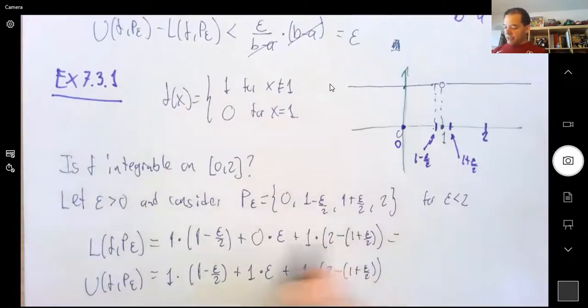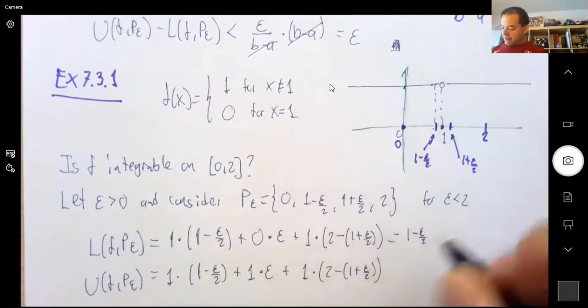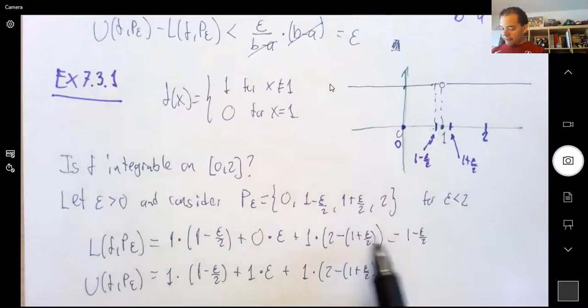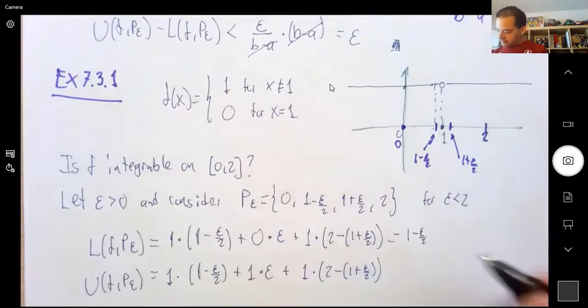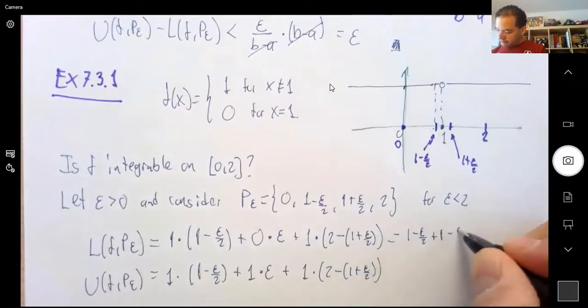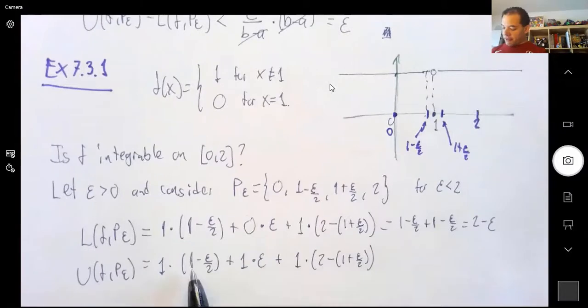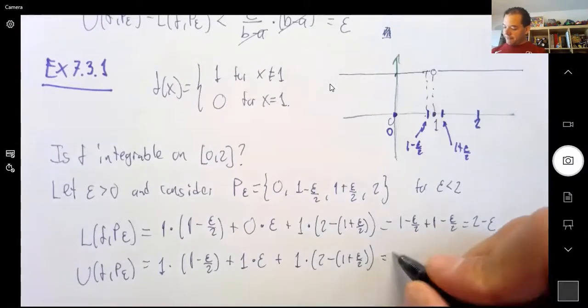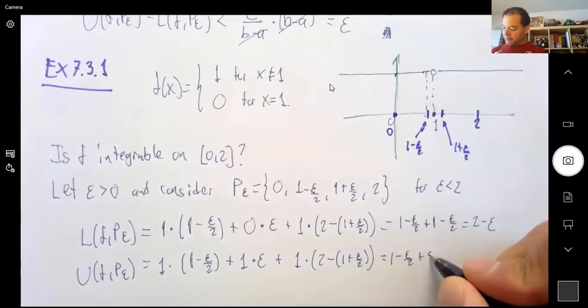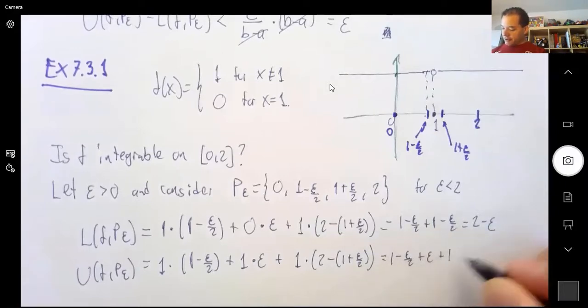Okay, now what do we get here? Well, this is 1 minus epsilon over 2. This is 1 minus epsilon over 2 again. This is 2 minus epsilon. That's the value of the L. And for the F, we have 1 minus epsilon over 2 plus epsilon plus 1 minus epsilon over 2.